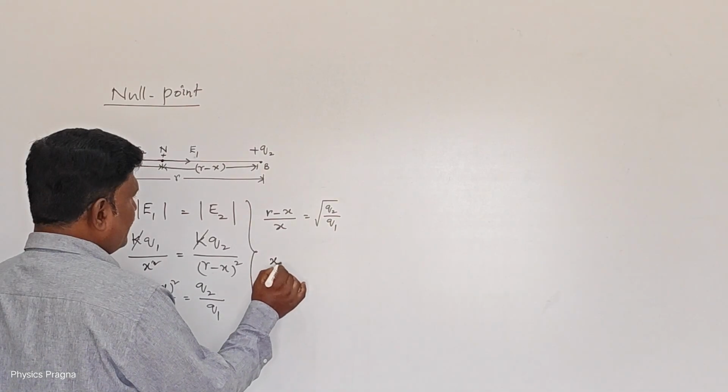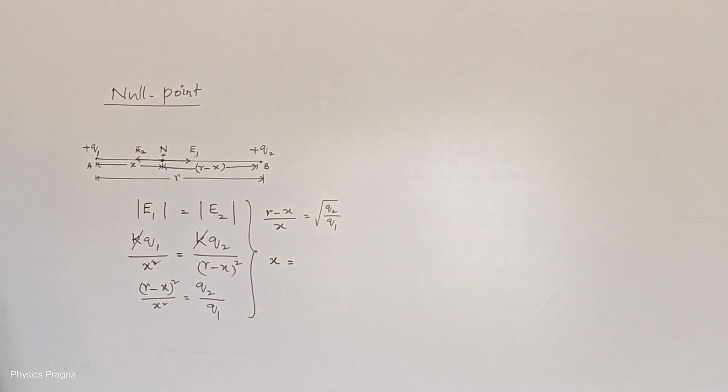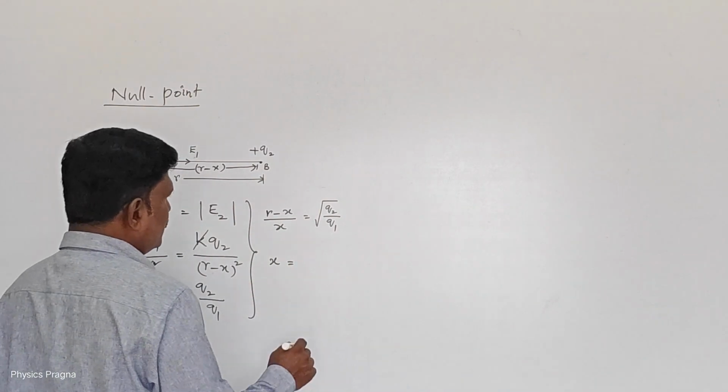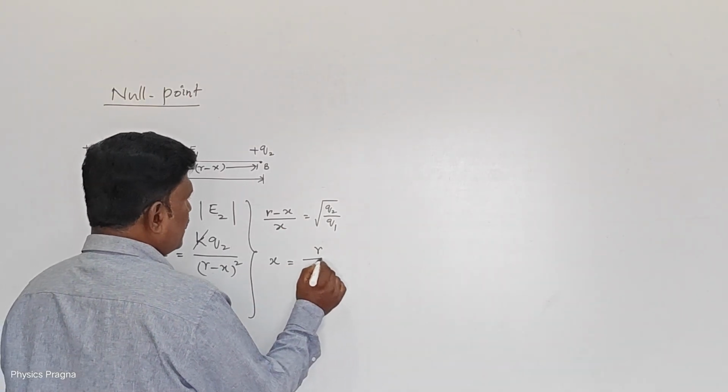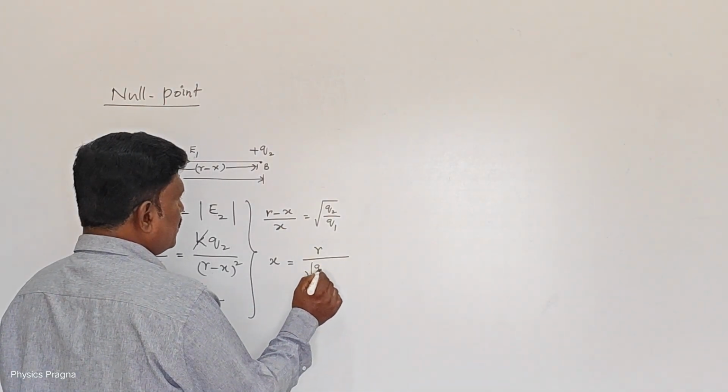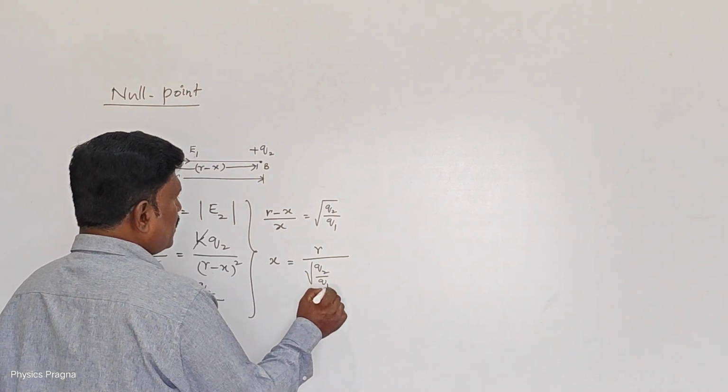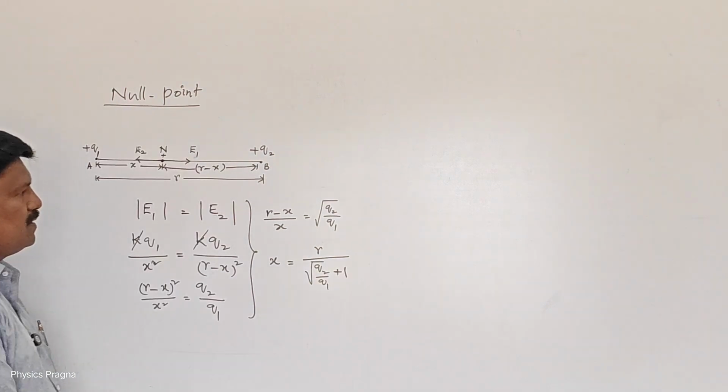X is the distance to the null point from Q1. X is equal to R by root of Q2 by Q1 plus 1.